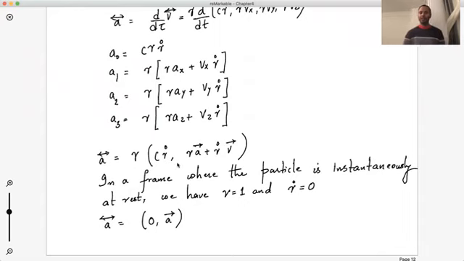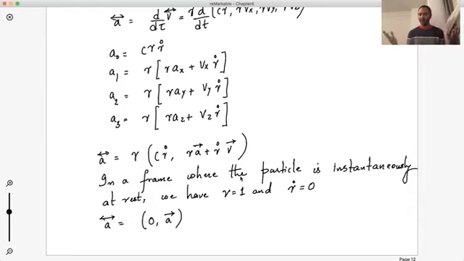Now, a special frame, which we'll keep going to, is the frame in which the particle is instantaneously at rest. In that frame, gamma is 1 because its velocity is 0 in that frame, so it is basically non-relativistic. And gamma dot is 0 because the particle is instantaneously at rest. Notice that this frame definition keeps changing for an accelerating particle. At every tiny instant of time, you need to redefine the frame in which the particle is instantaneously at rest because its velocity is changing.